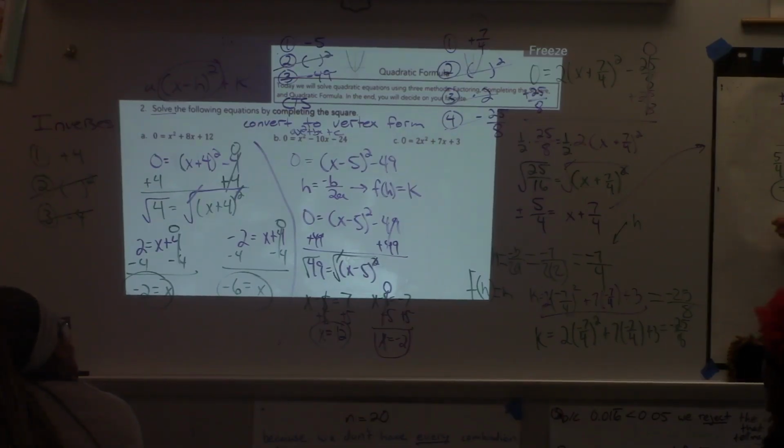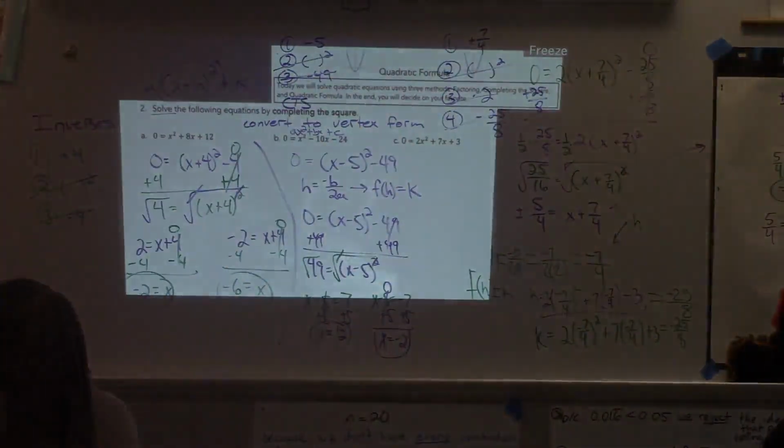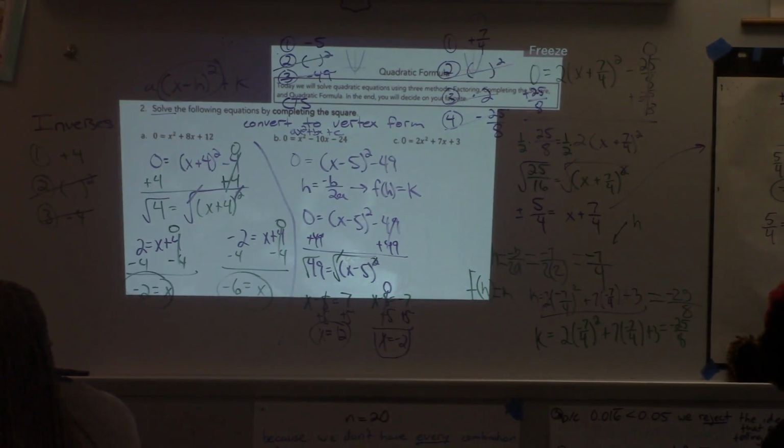If you wanted to, you could do a positive 5/4 equals x plus 7/4, and negative 5/4 equals x plus 7/4. I personally like to just go ahead and write it as 1 equation to be lazy, but it's mathematically equivalent. If you don't like that, then don't do it. This is 100% valid.